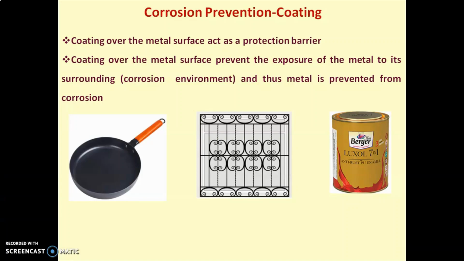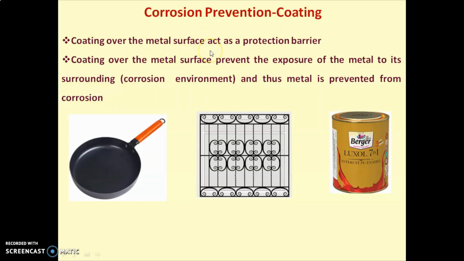Now let us discuss corrosion prevention. One method is the coating method. So coating over the metal surface acts as a protection barrier. Coating over the metal surface prevents the exposure of the metal to its surrounding, that is nothing but the corrosion environment, and thus the metal is prevented from corrosion.